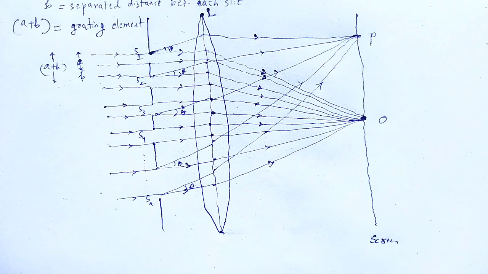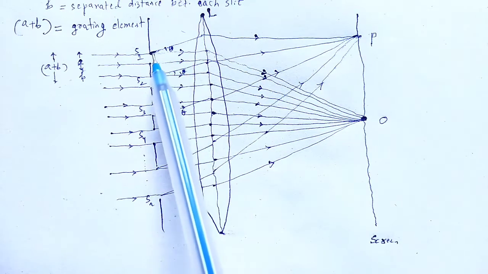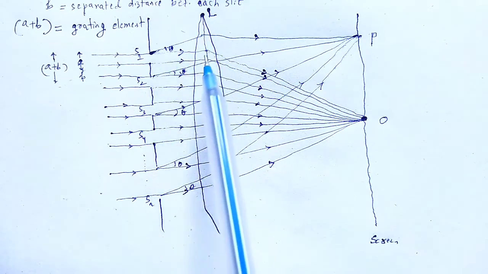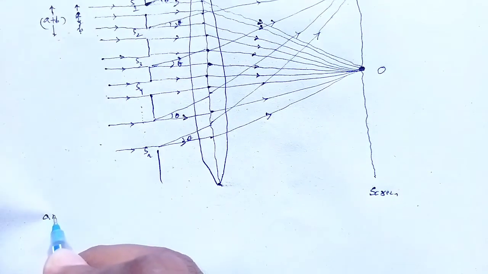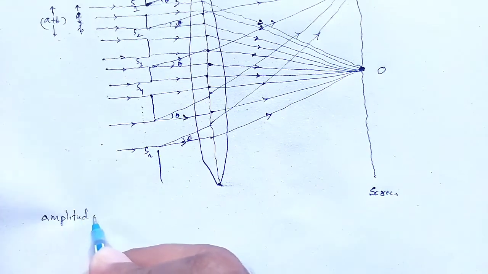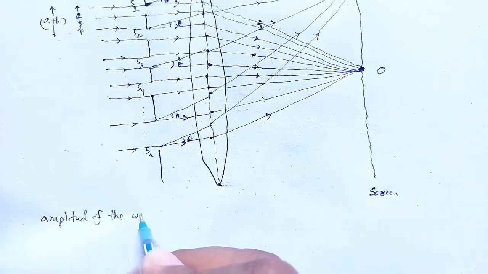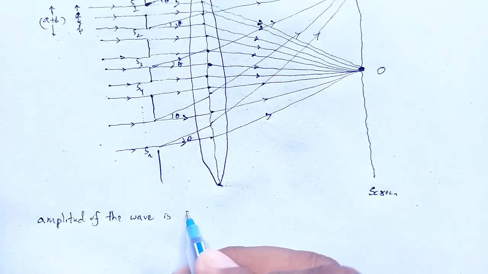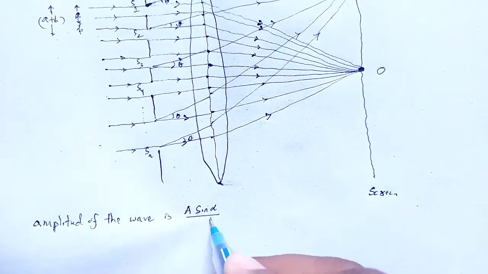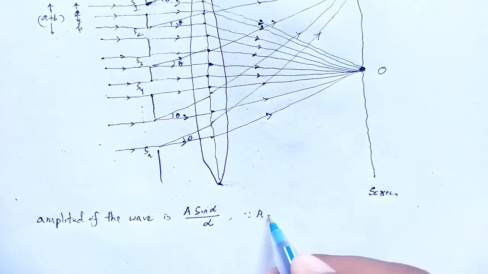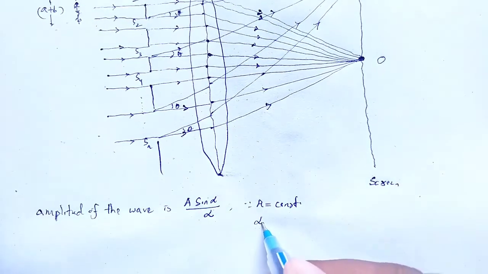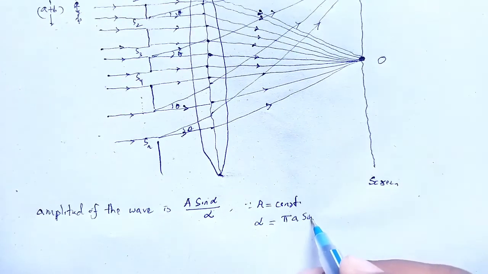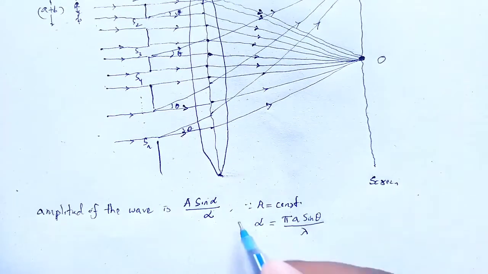We know from single slit diffraction the amplitude of the wave from these slits is a sin alpha by alpha, where a is a constant and alpha is equal to pi a sin theta divided by lambda.